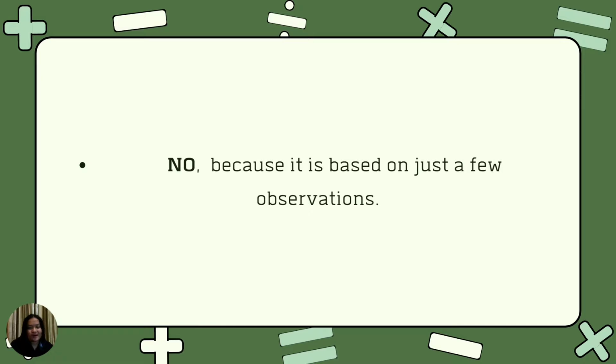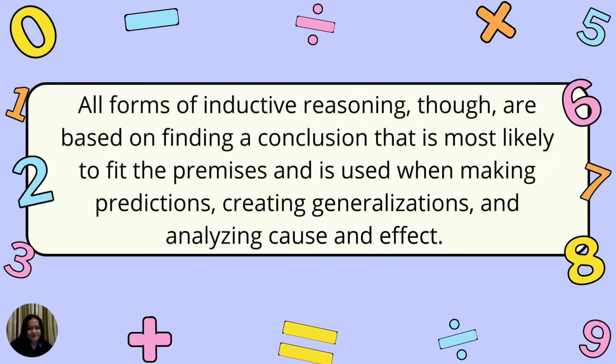The answer is no, because it is based on just a few observations. All forms of inductive reasoning, though, are based on finding a conclusion that is most likely to fit the premises and is used when making predictions, creating generalizations, and analyzing cause and effect.